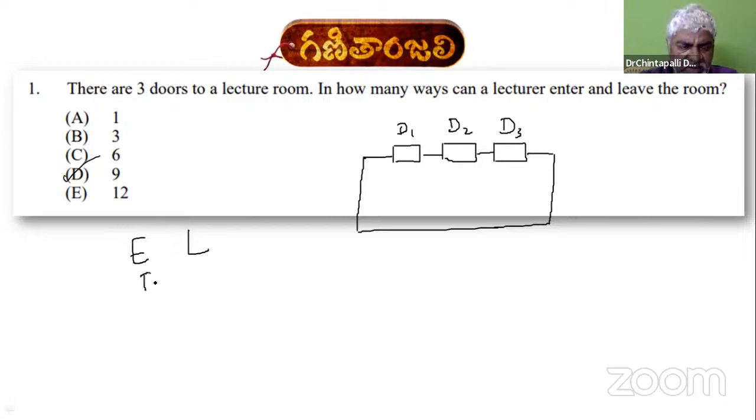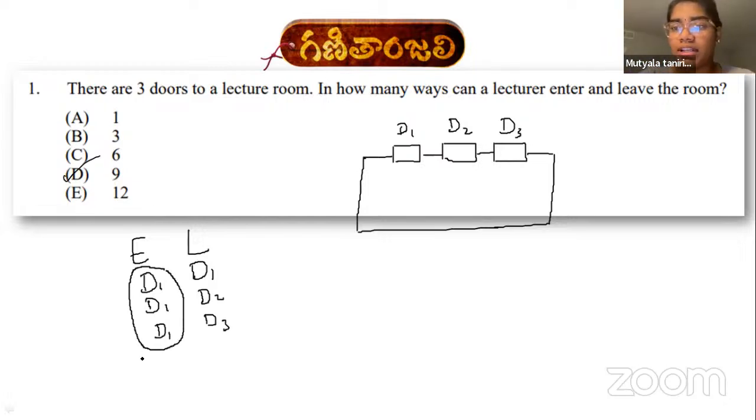He can enter D1 and leave through D1, D2, or D3. So there are 3 ways entering D1.